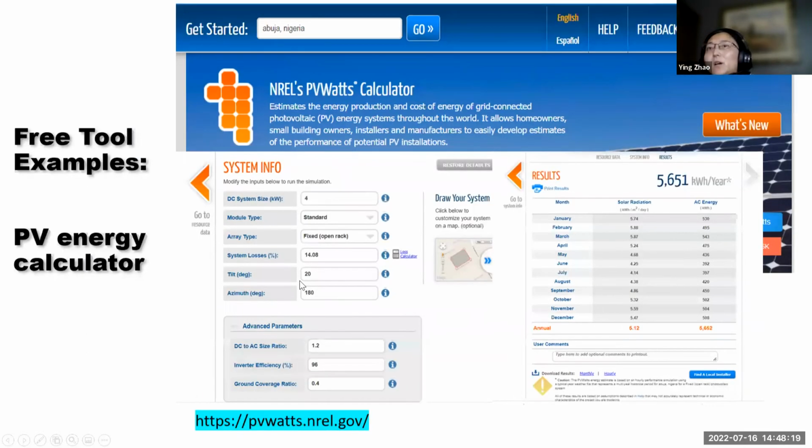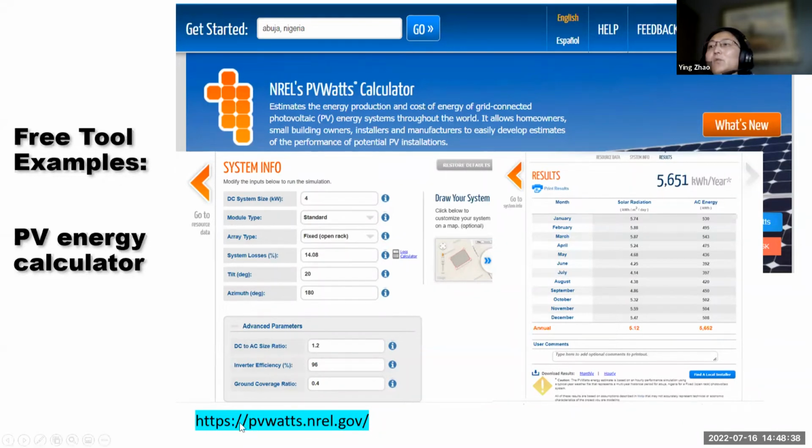For renewable energy, what we typically use is photovoltaic, so-called PV. If you want to use that, there is a free tool to estimate the energy use of this. It's available at this link here.